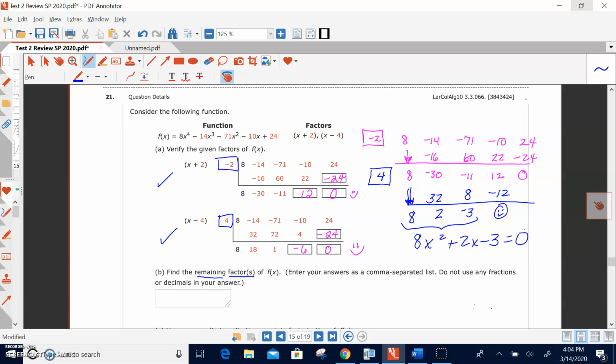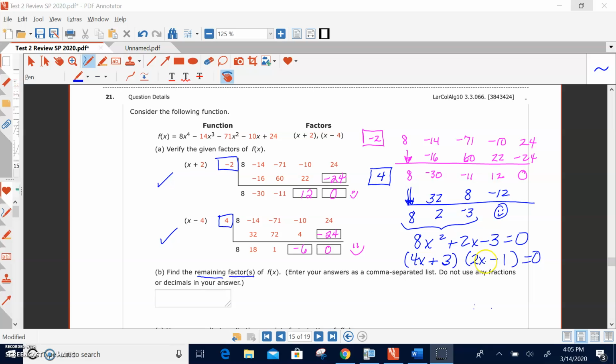And since it told me to find the remaining factors, this thing should factor. Go ahead and factor it. So that quadratic factors into 4x plus 3 and 2x minus 1. Remember, you can always check your factoring by remultiplying that out.